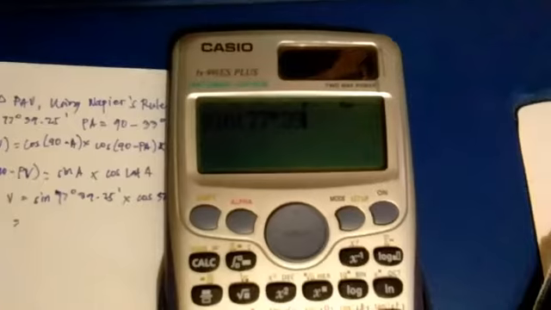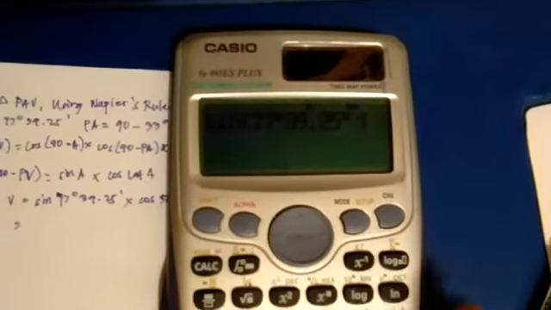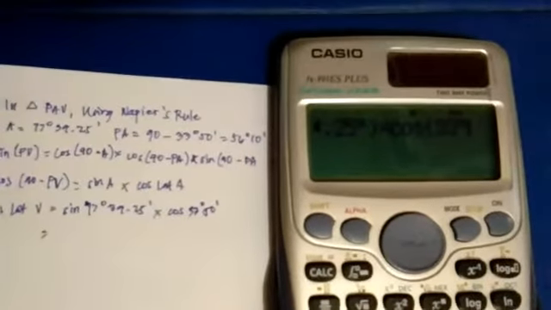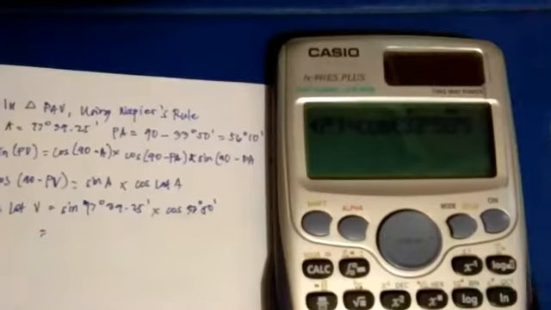So we'll calculate it. Sine 77 degrees and 39.25 minutes times cos 33 degrees and 50 minutes.